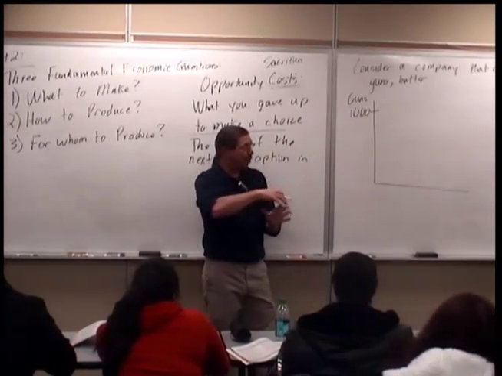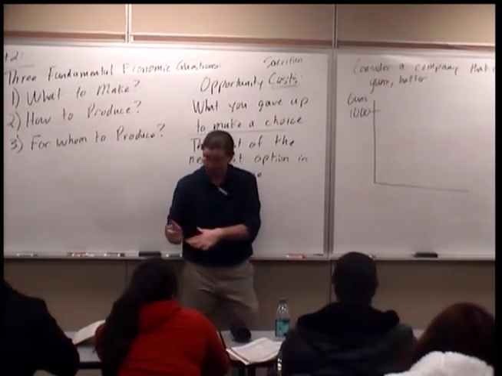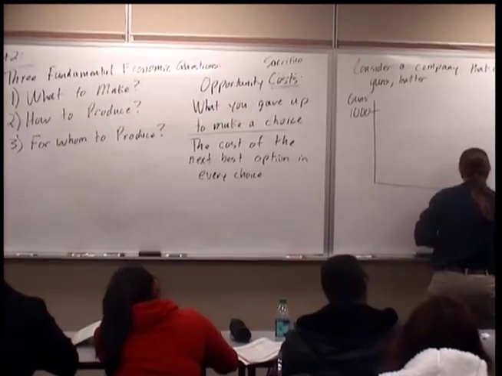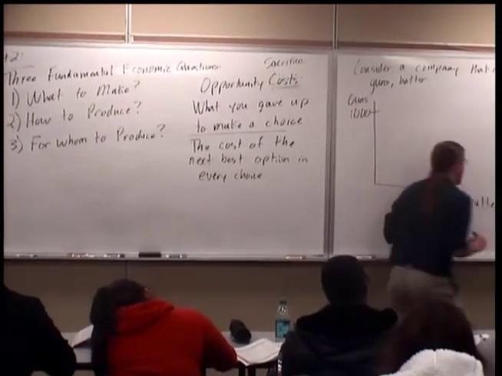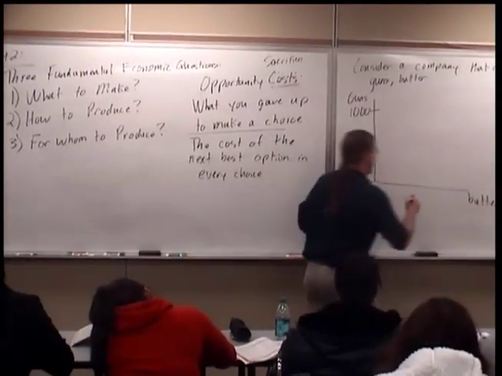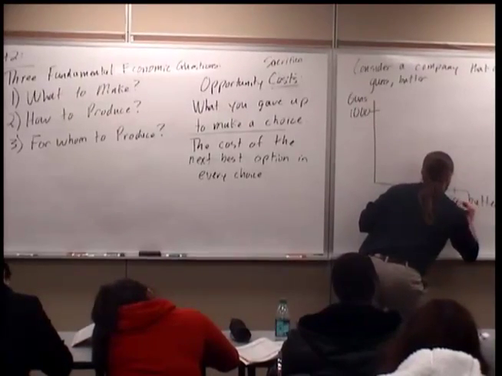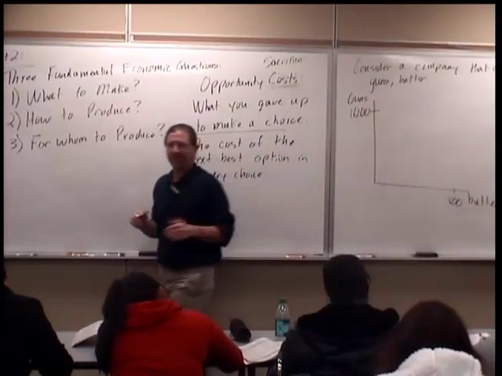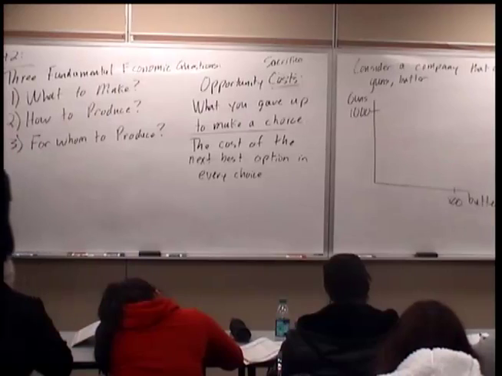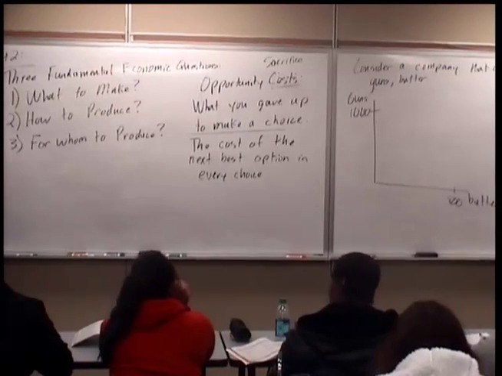If I switch all of my resources to just producing butter, let's assume that I could produce 800 pounds of butter in that same month with the same amount of resources. So our resources are fixed.